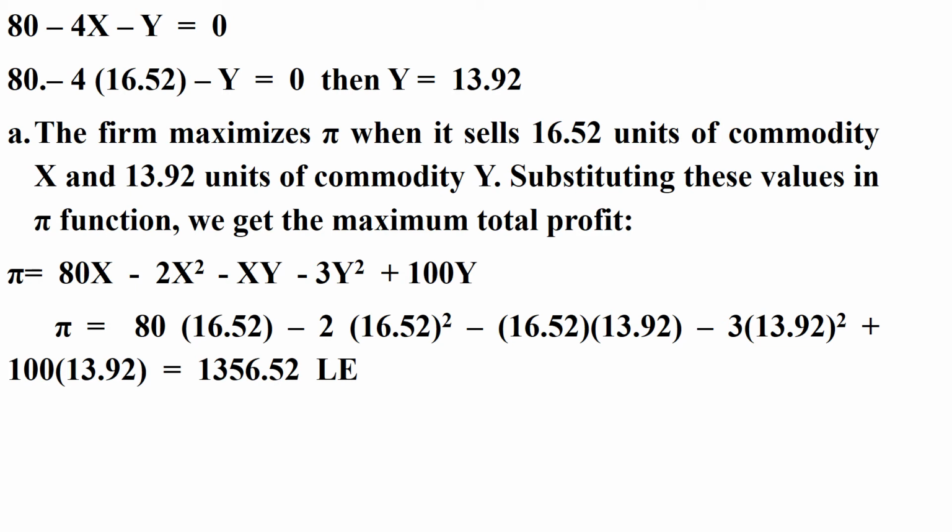We write the original equation here. This is the original equation, we have to write it down. Then we substitute X with this number and Y with this number, and we get the value here.